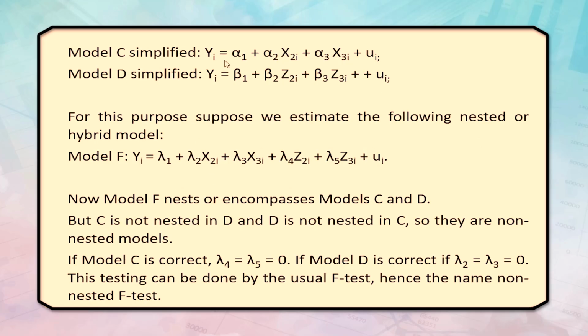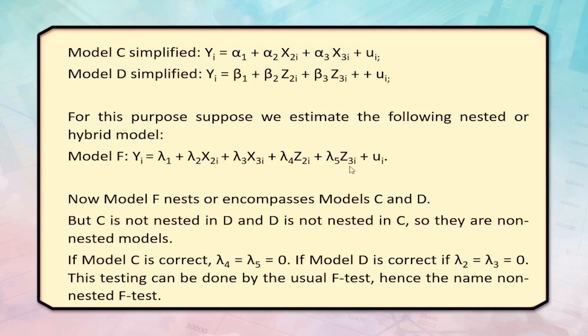For model C, we will have a simplified form where y is regressed on x2, x3, and for model D, we have a similarly simplified form where y is regressed on z2 and z3. So, the integrated model, or the model which incorporates information from both models C and D, is now defined as model F, where we have x2, x3 and also z2, z3.